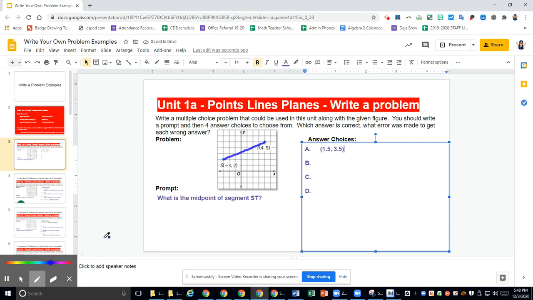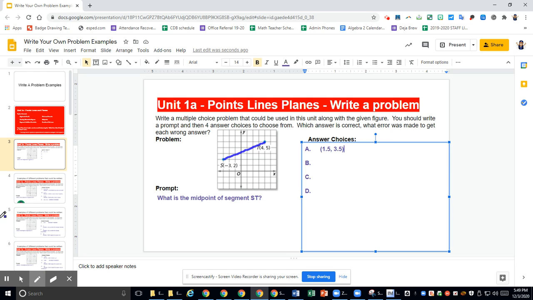Now, we know that's wrong because when we look at it, 1.5 and 3.5, sorry, 1.5 is here, and then 1 to 3.5. It actually does look pretty close to the line, but you're going to find it's not going to be your actual answer.